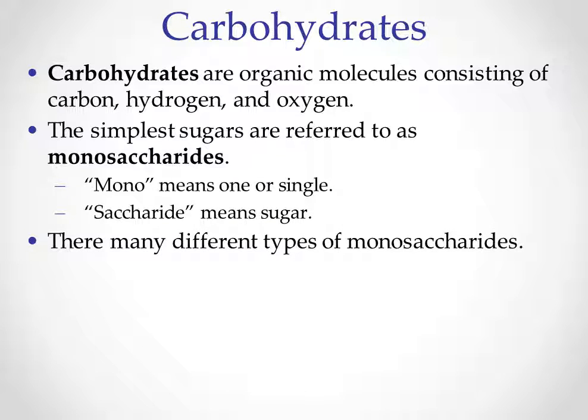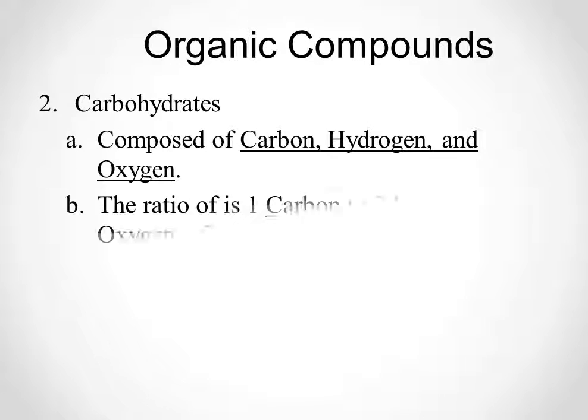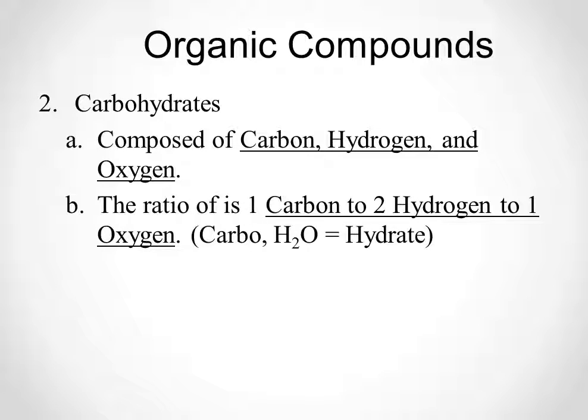So we actually look at your types of monosaccharides. Another way you can remember what it's made out of is carbon, hydrogen, and oxygen. There's one carbon to every two hydrogen to every one oxygen. So carbo and H2O means hydrate. So carbohydrate.